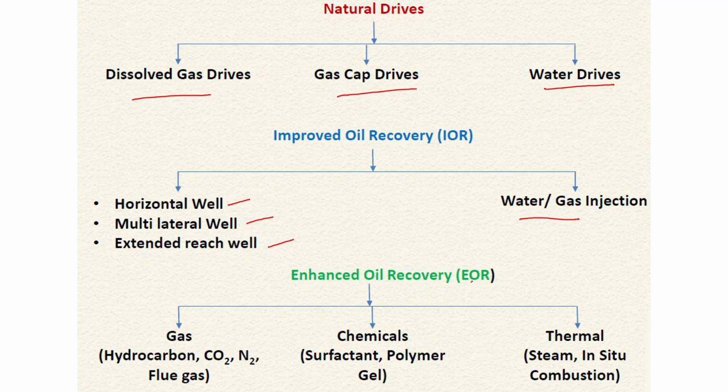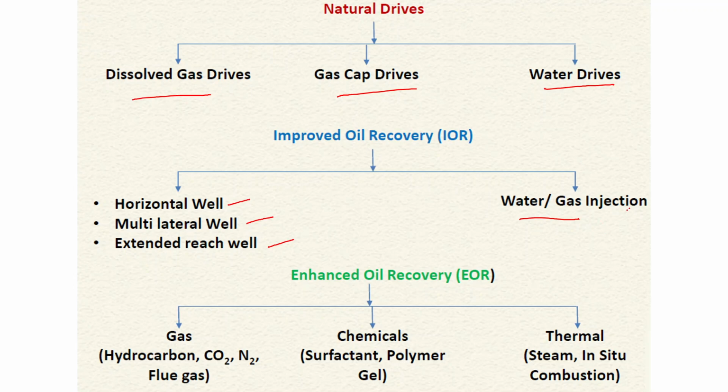And then the third one is enhanced oil recovery, which is the tertiary method of extraction of oil from the well. When the above methods are exhausted and no more oil can be extracted using them, then we come to this enhanced oil recovery method.